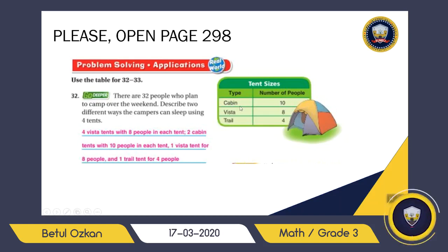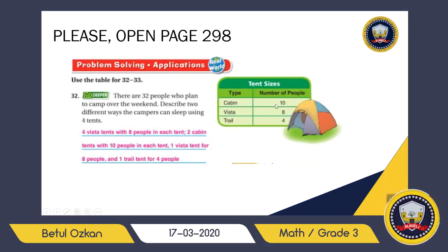If they have 2 cabin tents, how many people will stay in 2 cabin tents? Perfect. 20, right? For one cabin tent, 10 people stay. But they have 2 cabin tents. So it means 20 people will stay in cabin tents.